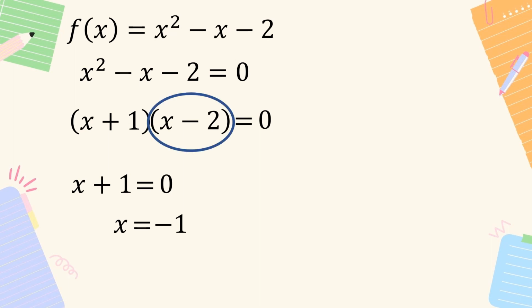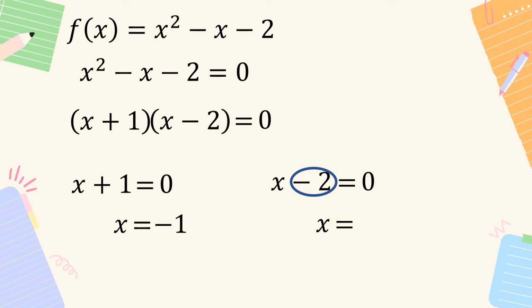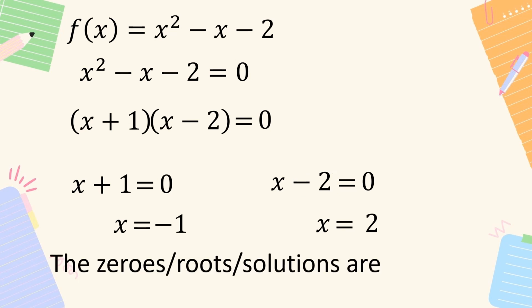Now we equate x minus 2 to 0. We transpose negative 2 to the right side of the equation. So x is equal to positive 2. The zeros, roots, or solutions are negative 1 and positive 2.